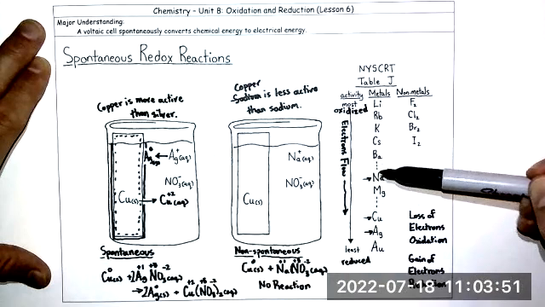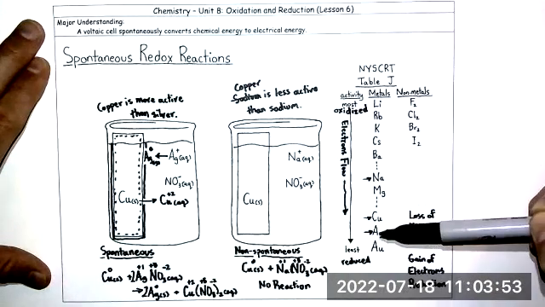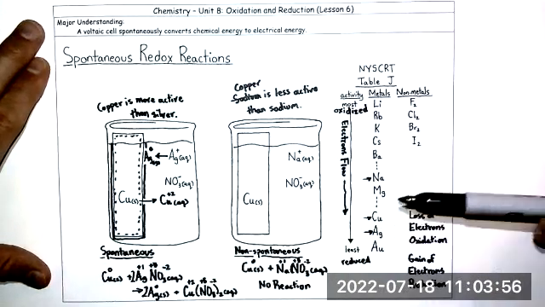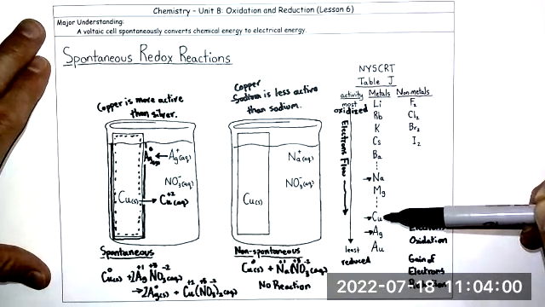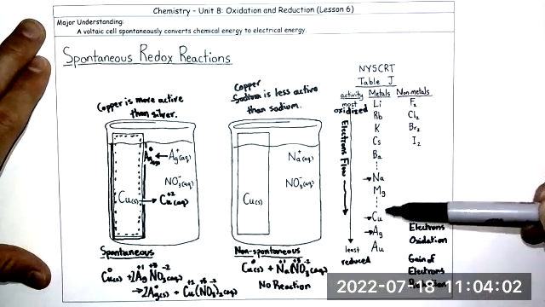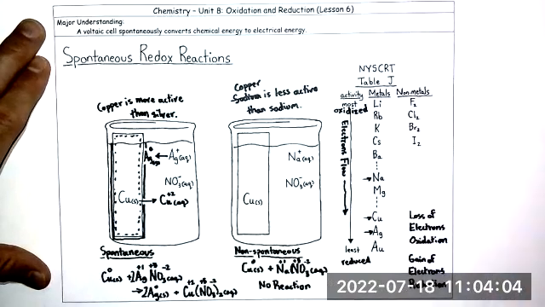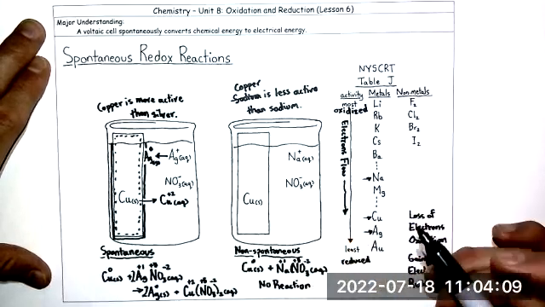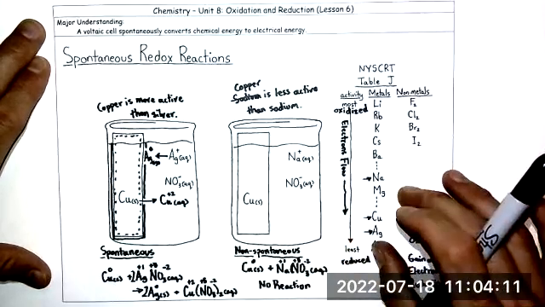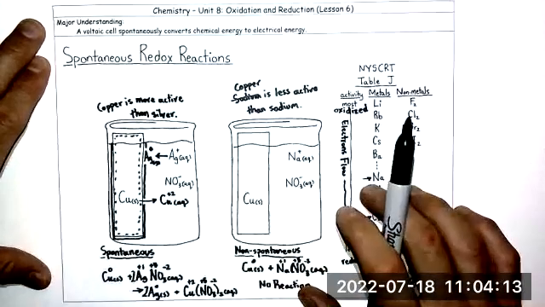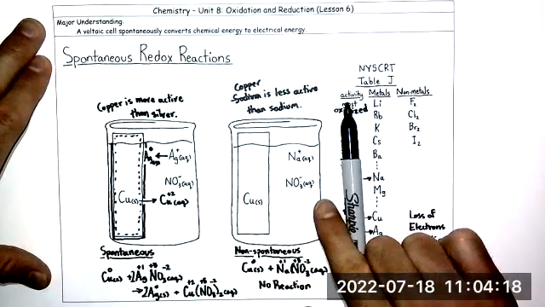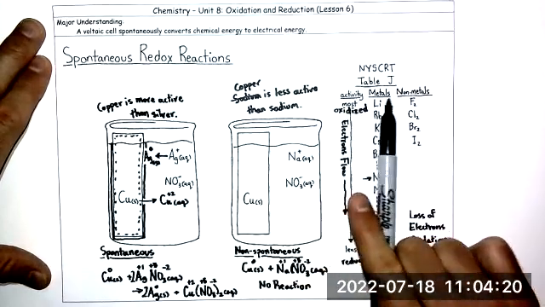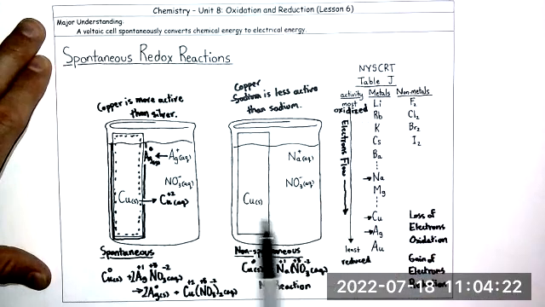And if you have a metal that's already reduced, that's above a metal that is solid or has a 0 oxidation state, then you'll have no reaction. It will be a non-spontaneous reaction. You would need a power supply for something like this to occur. Okay, and we'll talk more about that in 2 lessons. But that basically is the lesson for today: utilizing table J and the activities of metals to determine if a reaction is spontaneous or not.